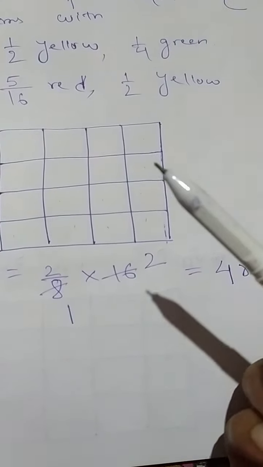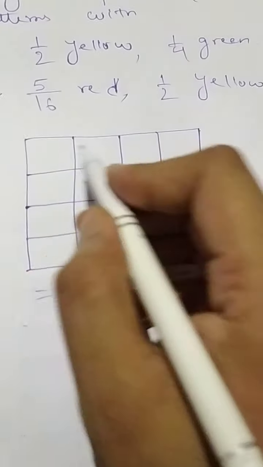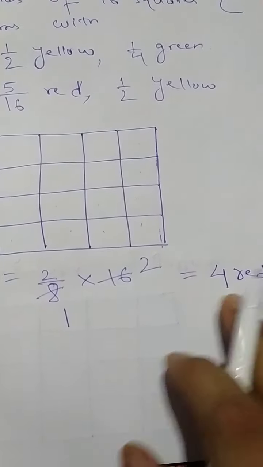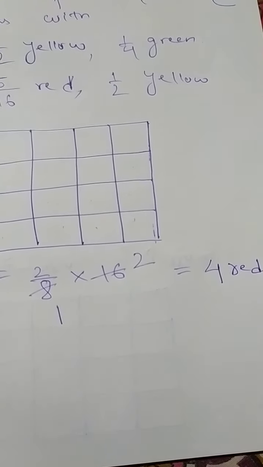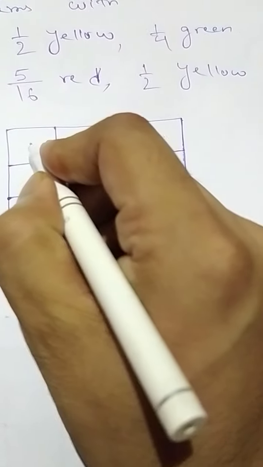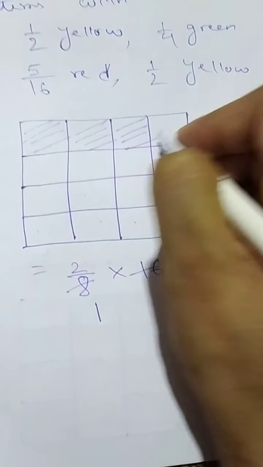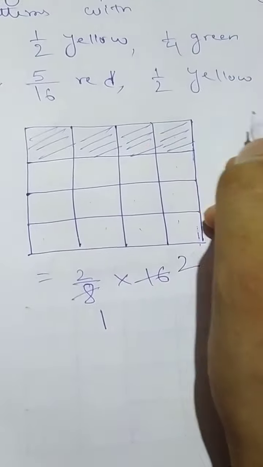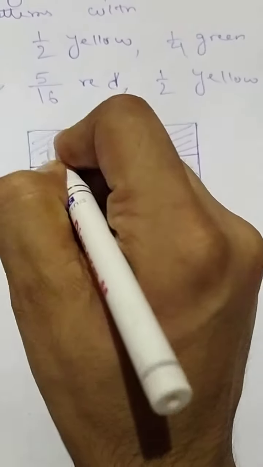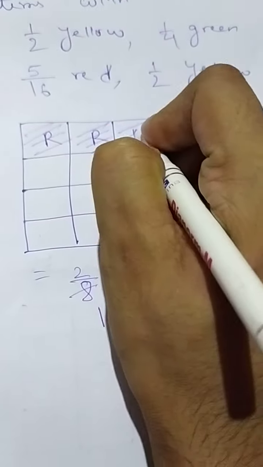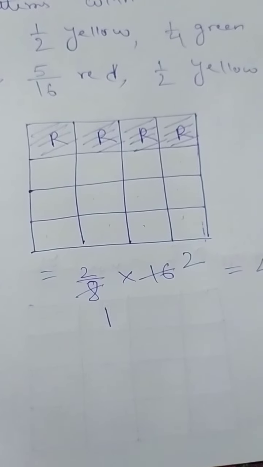Now see, I have only blue pen. So I am coloring with blue pen, you color with red. Red means any sketch pen you can use or glitter pen you can use, no problem. So this first 4 I'm coloring. 1, 2, 3, 4. These are red. I'm writing here R. R for red. So it will be easier for you to understand.